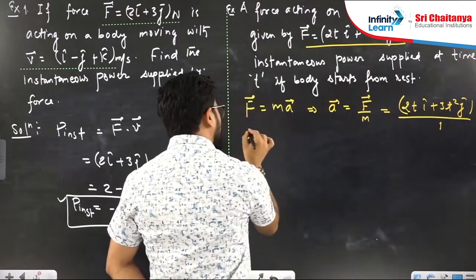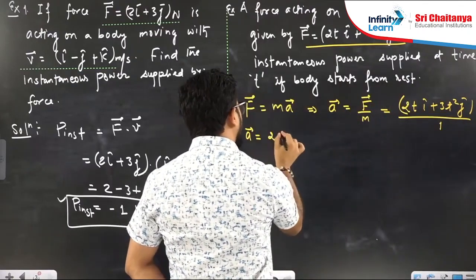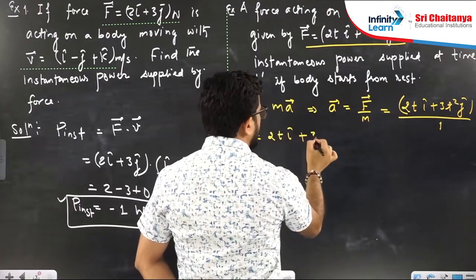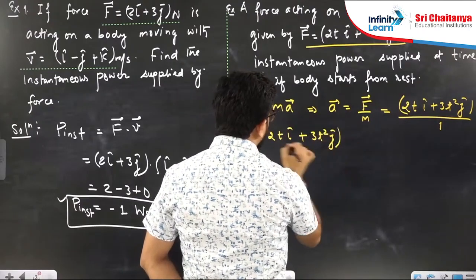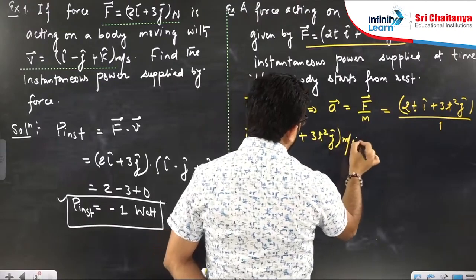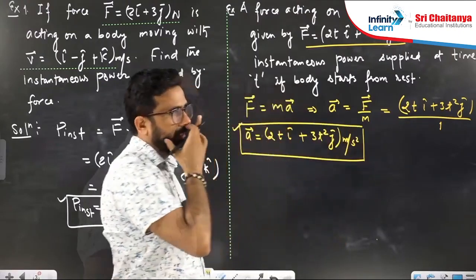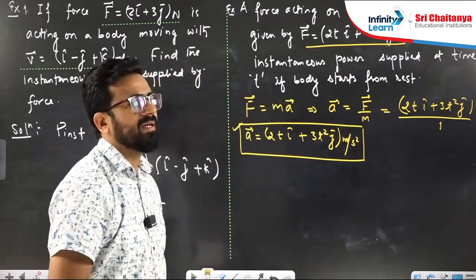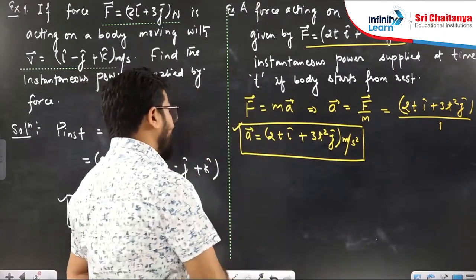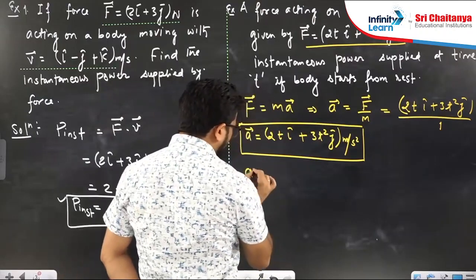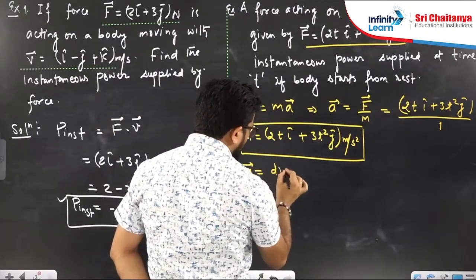That means acceleration is again 2t i cap plus 3t square j cap meter per second square. Very simple. Now we have to find the velocity. What is the velocity? We know acceleration is equal to dv over dt.